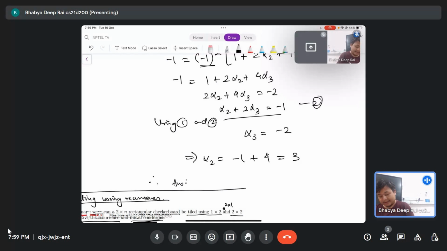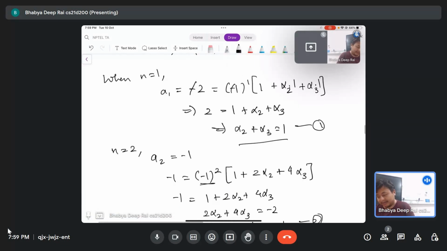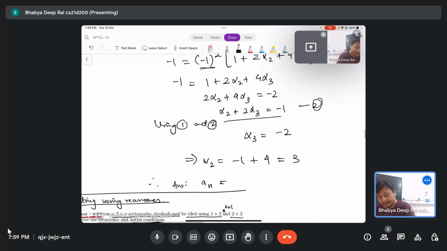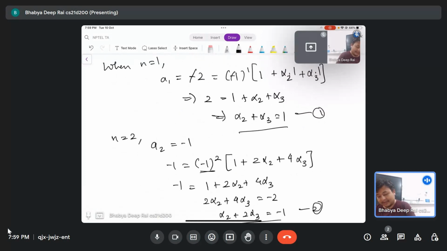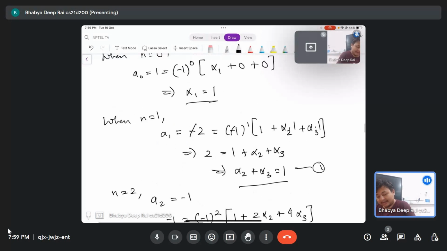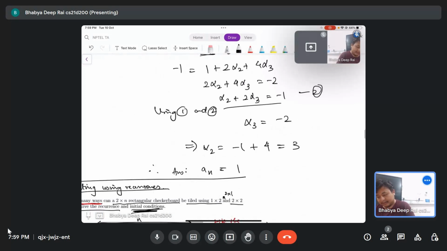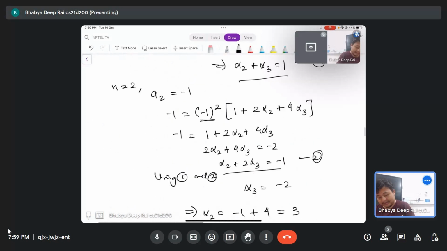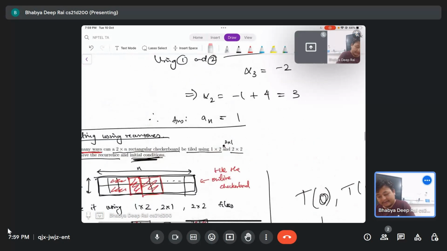Therefore the answer is an equals to, now here we can substitute it. alpha 1 is 1, so 1, plus alpha 2 is 3, 3n, and plus alpha 3 is minus 2, so minus 2 n square, times minus 1 whole to the n.